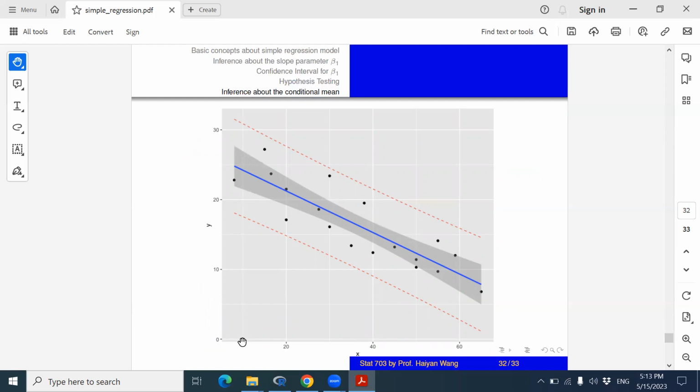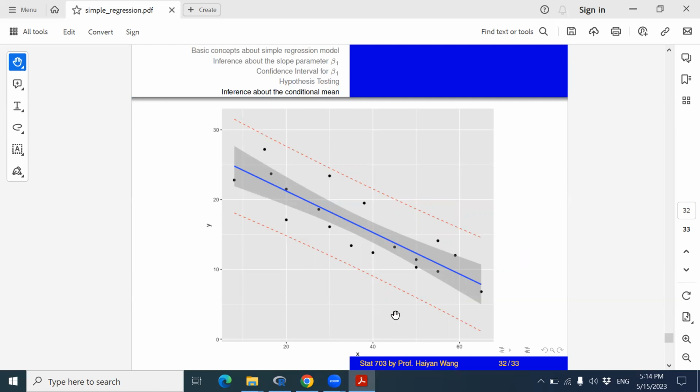For x equals 10, we calculate the confidence interval, which gives the lower bound here and upper bound there. We also compute the prediction interval, which gives the lower bound here and upper bound there. When you move on to the next x value, we also compute the confidence interval, the gray area, with a lower bound here and upper bound there, and the prediction interval gives a lower bound here and upper bound there.